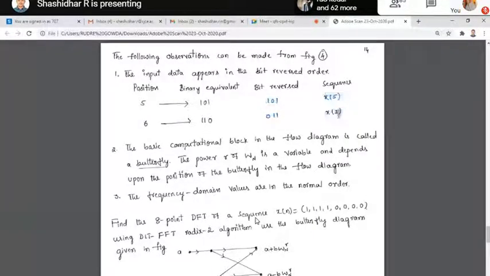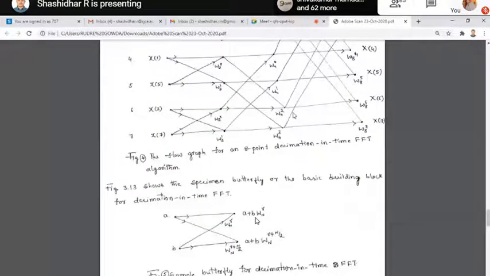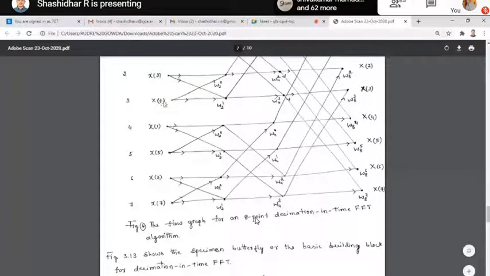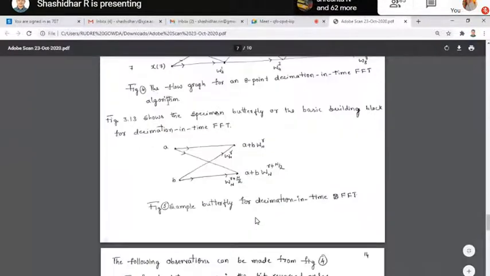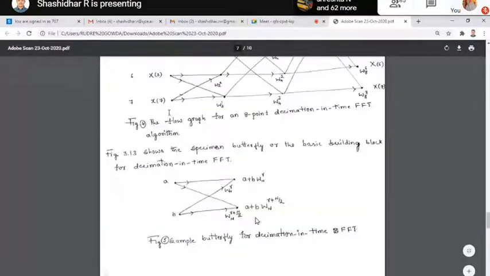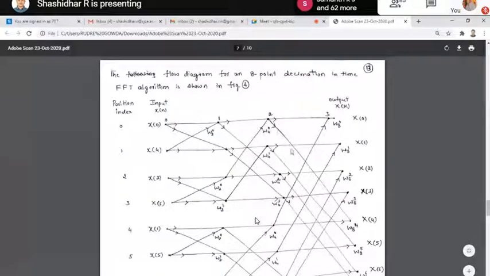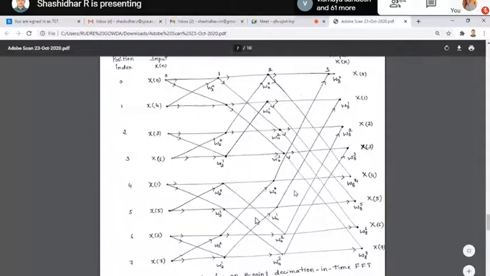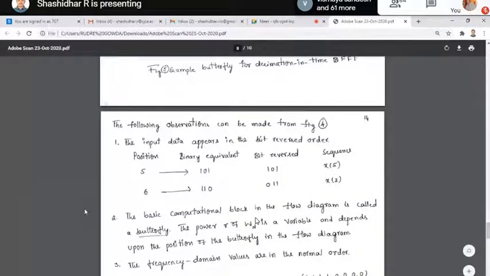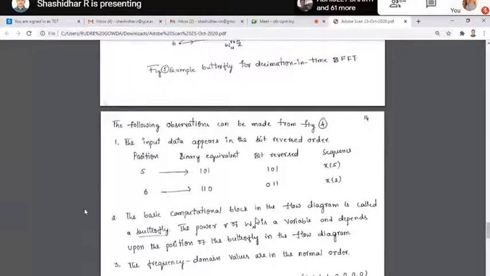So then x of 3. Same thing, x of 6 is 110, and these values come to x of 3. Okay. These are some observations for DIT FFT.